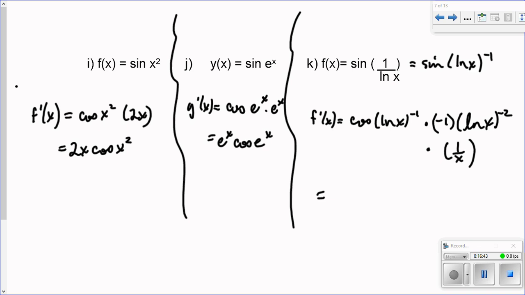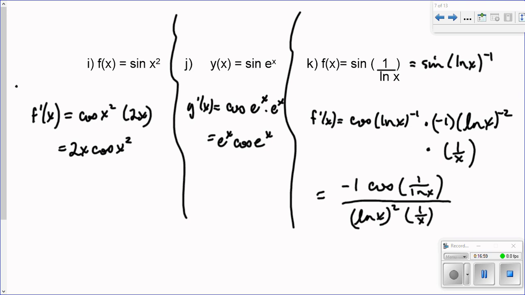Okay, I can go -1 over the cos of 1 over ln x, and then that's all over ln x squared multiplied by 1 over x. If I want that further, that 1 over x could be put in here.